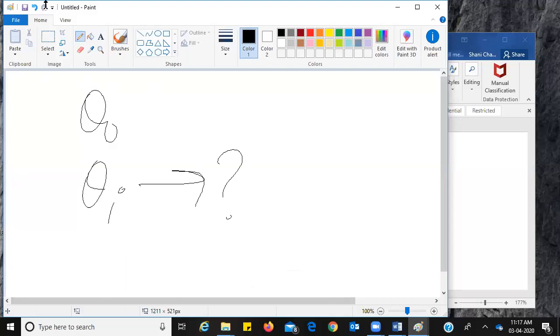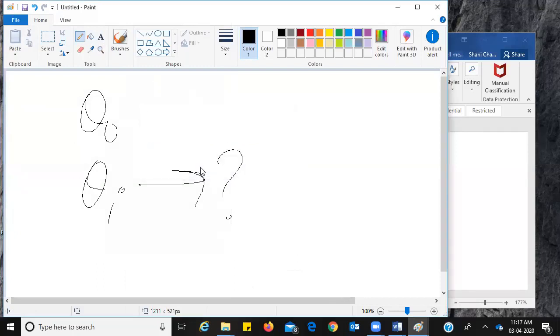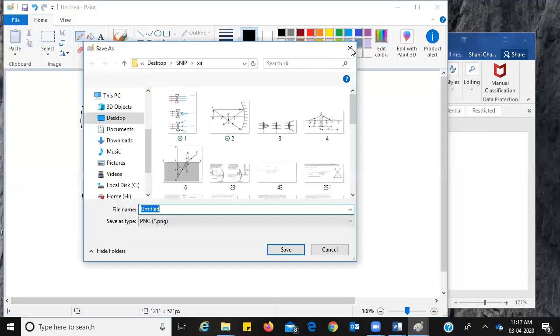Now we are coming to the derivation of each case. There are two types of microscope: one is called simple microscope, and one is called compound microscope. Do you want me to show the diagram stepwise, or just show the diagram that's already there?